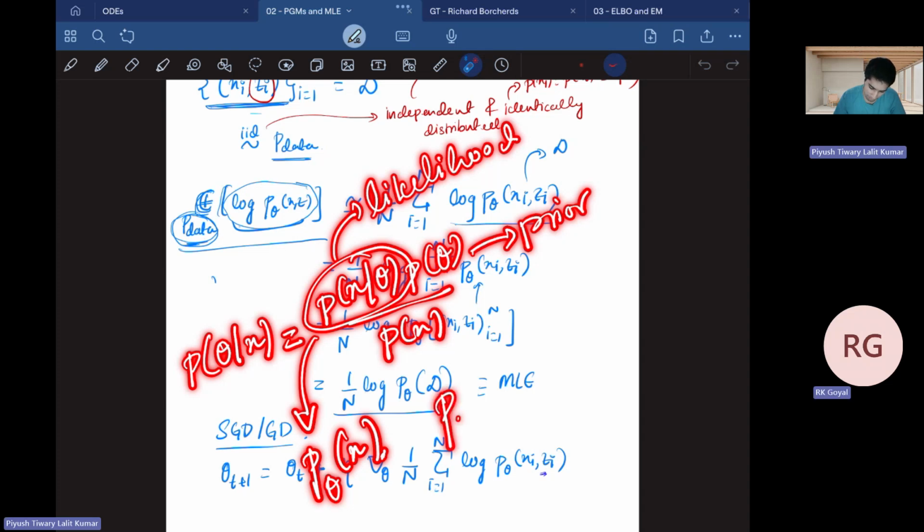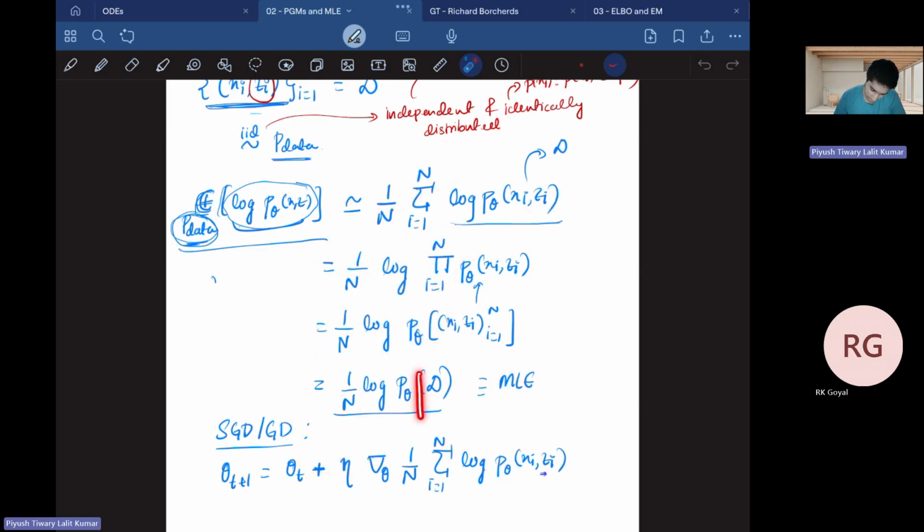In our case, it has become P theta of xi comma zi. You can think of it as P of xi comma zi given theta, and then it resembles your Bayesian notation of likelihood. However, I don't want to say this explicitly because here we have something called zi as well.